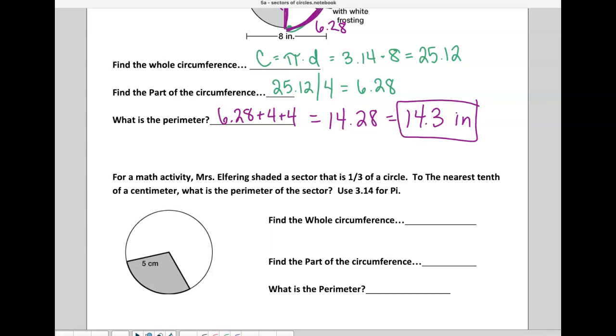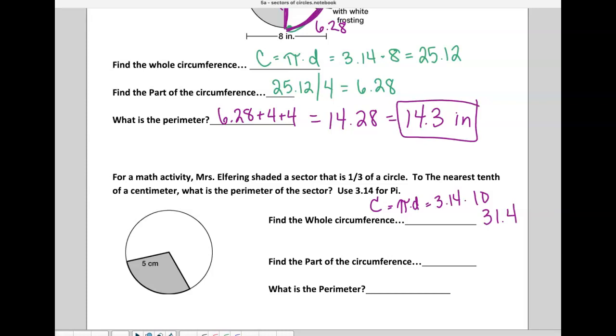Okay, so hopefully you started with the circumference, pi times diameter, right? 3.14 times, what's the diameter? 10. Right, if this is 5, the whole way across is 10. So that's 31.4. How do I find part of that?